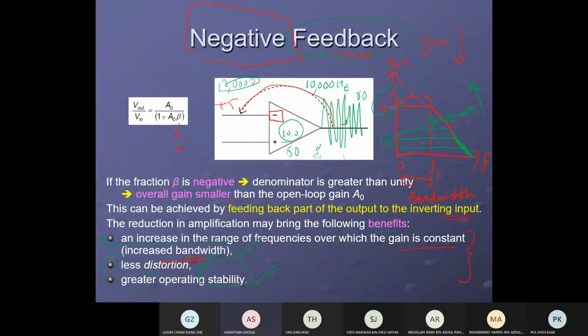Okay, so this is feedback. So what is feedback? A fraction of the output fed back into the input. By doing feedback, gain is found to be smaller. By having lower gain, bandwidth increases, less distortion, more stability to the circuit.